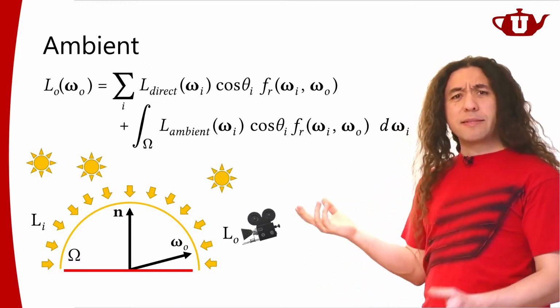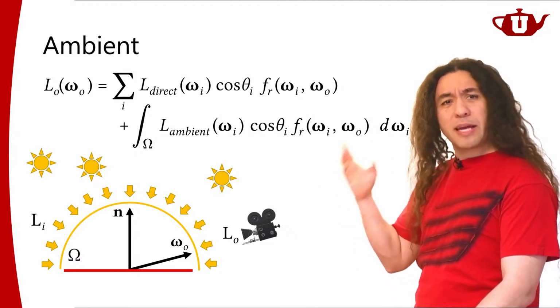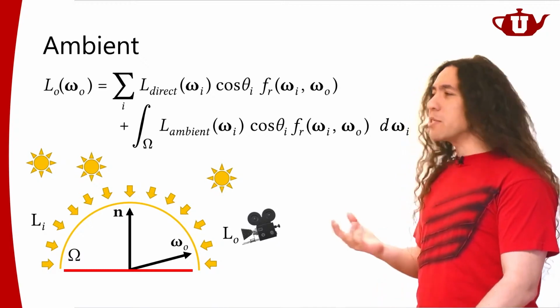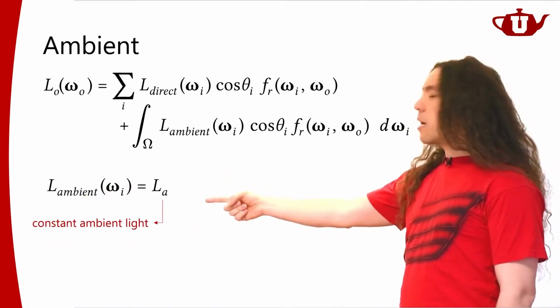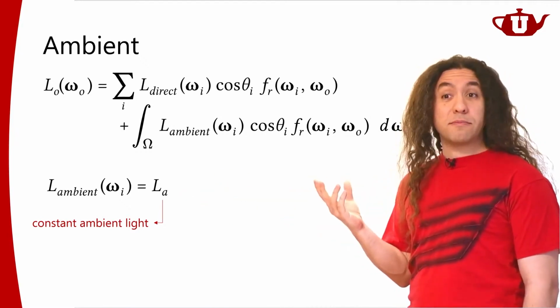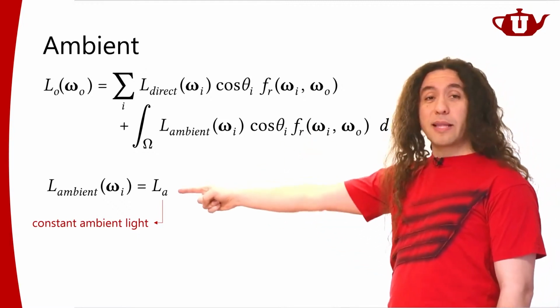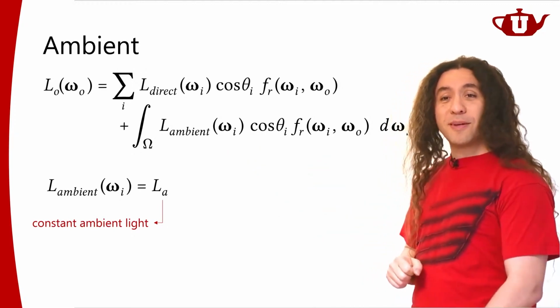So what is that ambient light? We've seen that ambient light before, right? You'll remember in the very beginning, when we were doing very simple shading, we said we should have some ambient term. And that ambient term, we said, is just going to be a constant amount of ambient light. That's what we did, right? So what happens if I take that constant ambient light and just put it into this equation? What do you think happens?